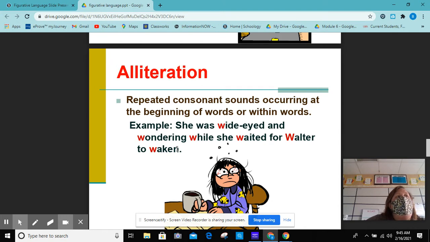Consonants are the opposite of vowels. So tell me what vowels are. A, E, I, O, U, and sometimes Y. So every other letter in the alphabet is a consonant. Only consonant sounds are going to deal with alliteration. Are we good on that? All right.